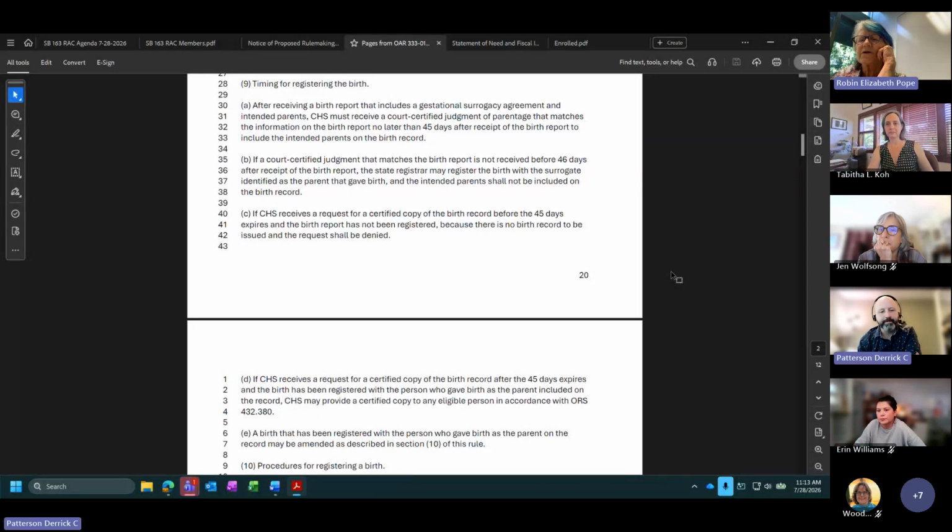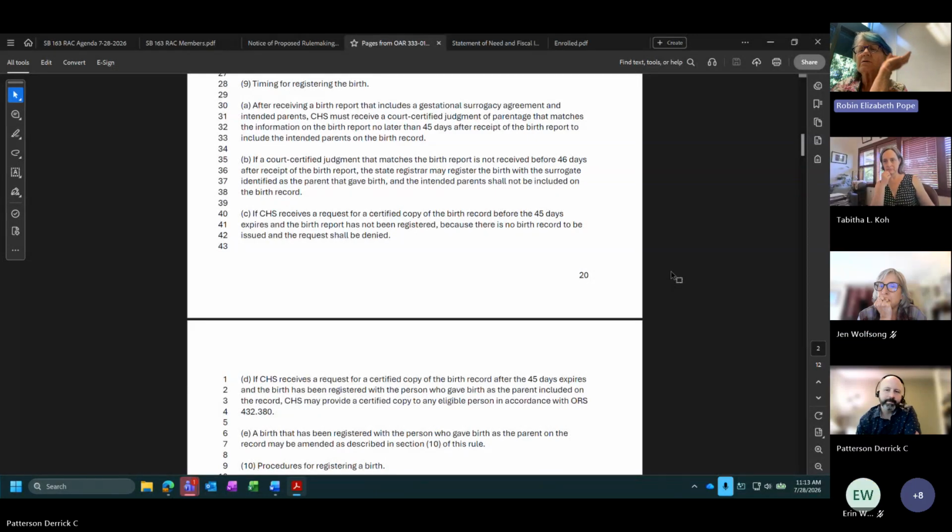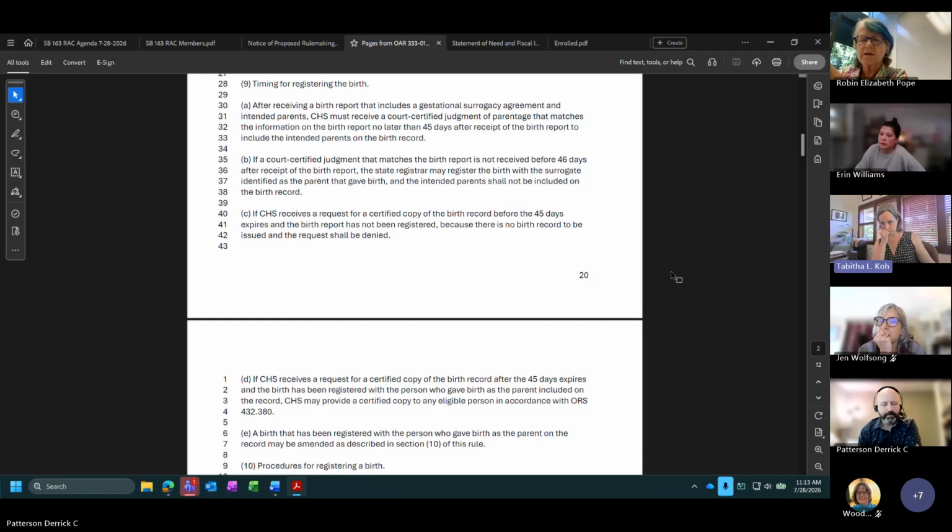So Erin, you're saying that you would create a birth record in the computer, but you wouldn't issue the paper certificate for people to hold in their hands. Is that right? I think there would be a report received by the registrar where there's not enough information to register the record.